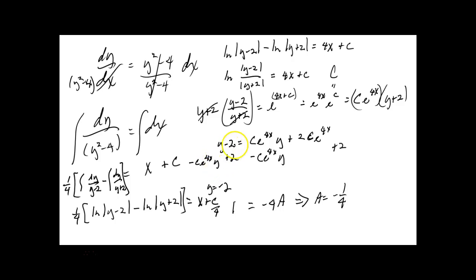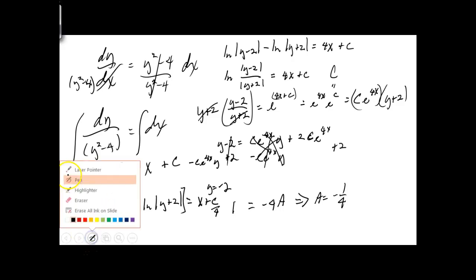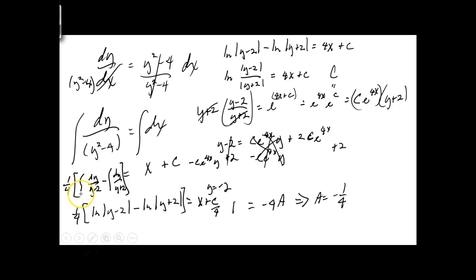So these go out. Let me erase some more. This is such a shame, because we're not doing anything all that earth-shattering here. We're just changing the way things look.